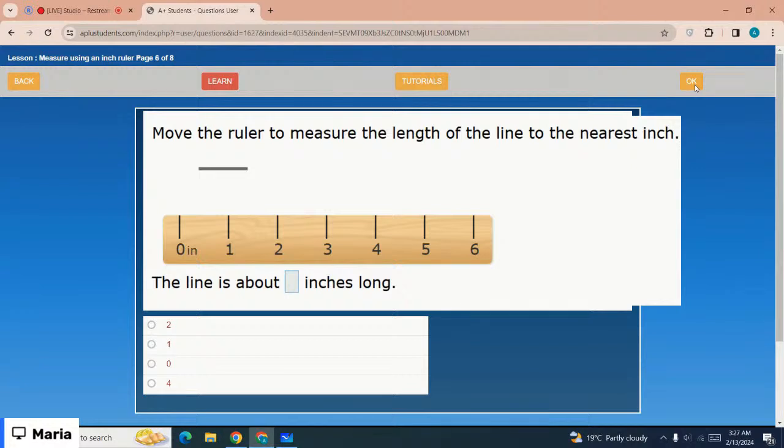Move the ruler to measure the length of the line to the nearest inch. So, which is the correct option? That is just 1 inch long. The correct option is 1.